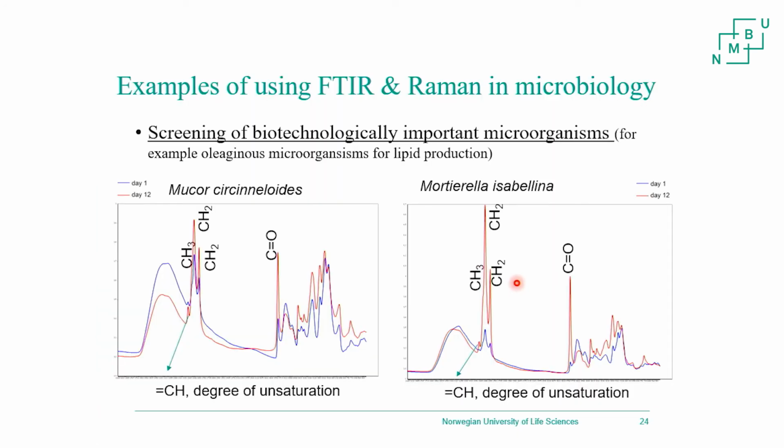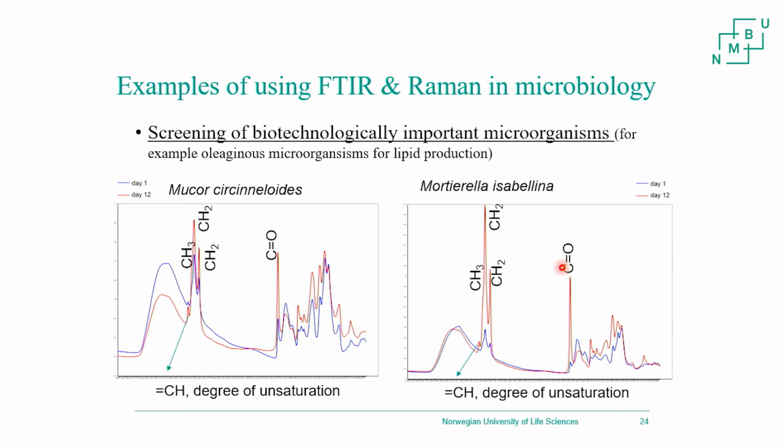Now we are moving to look at examples of using FTIR and Raman in microbiology. The first example is related to the screening of biotechnologically important microorganisms, and I will use the example of oleaginous microorganisms for lipid production. Oleaginous microorganisms are microorganisms which are able to accumulate a high amount of lipids in their cells, and that's mainly yeast and filamentous fungi, and also algae.